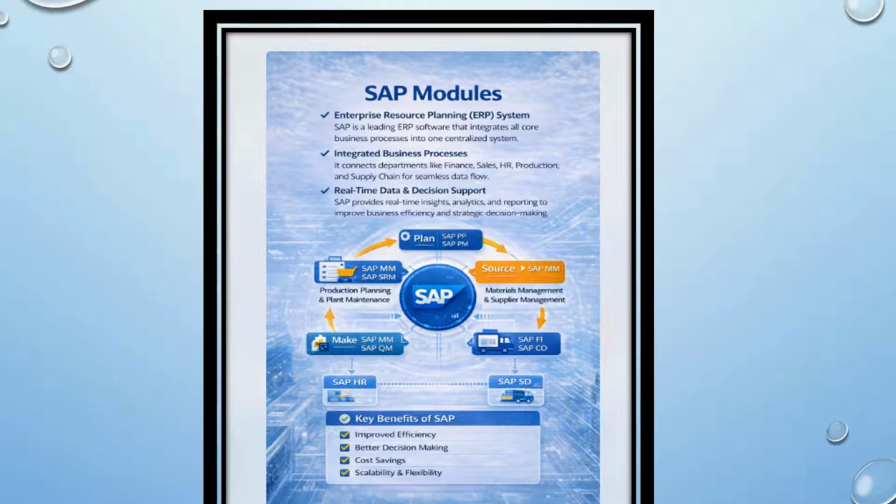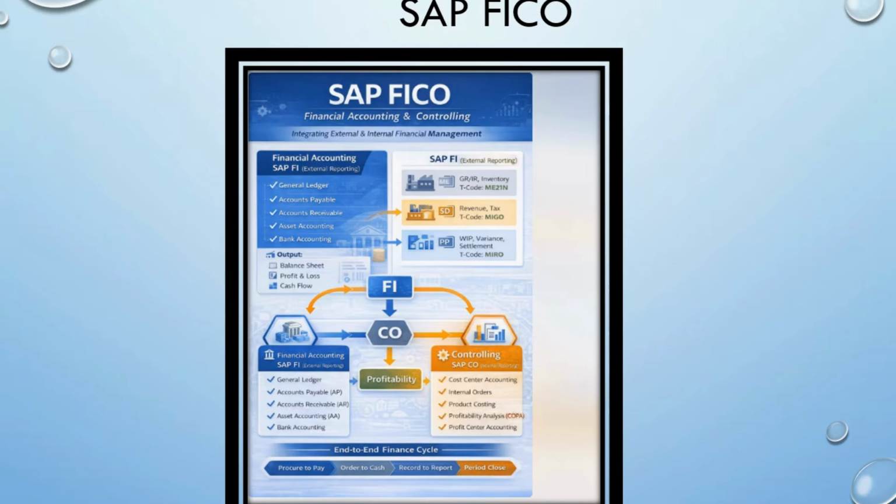Now we are going to talk about the key benefits of SAP: improved efficiency, better decision making, cost saving, scalability, and flexibility. Now we are talking about SAP FICO, financial accounting and controlling, integrating external and internal financial management.